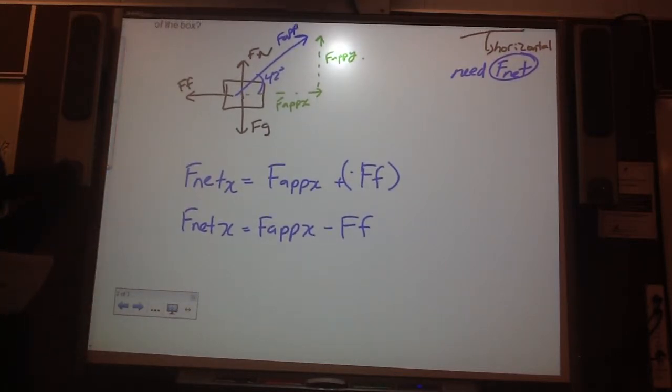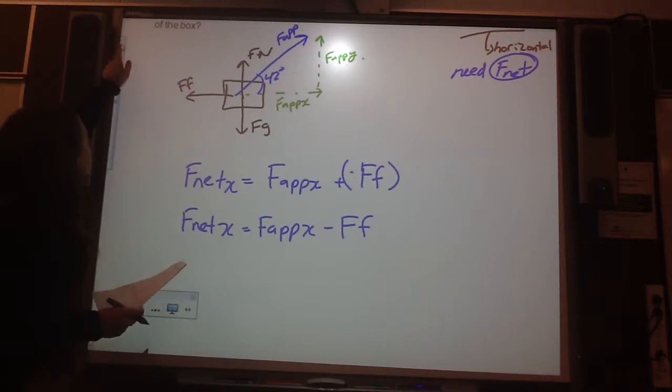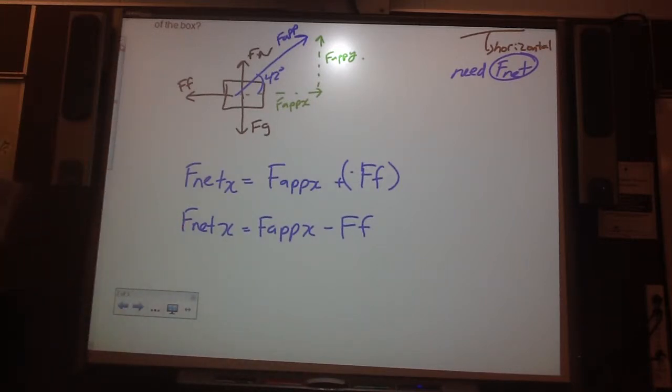All right, so let's see. What do we need to find? Well, we were only given our mass, the magnitude of F overall, and our coefficient of friction.